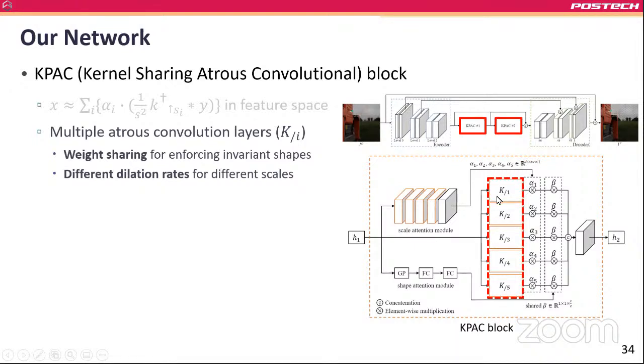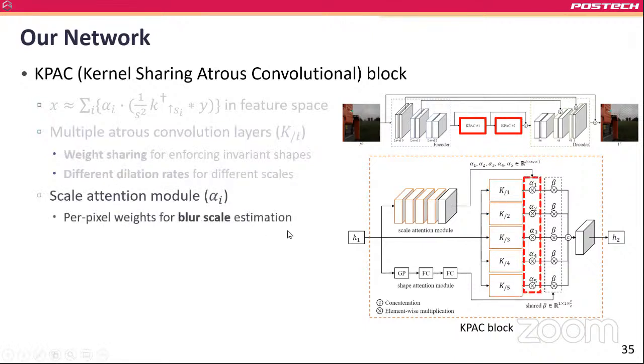This layer is a convolution layer approximating the inverse corner, but they have the same weights. They share the same dilated corner but with different scales. And then we have a spatial scale attention model. Here we have some interpolation of alpha values. This scale attention determines this interpolation factor for these different scales of inverse corner. By having the scale attention, we can handle different scales at each pixel.